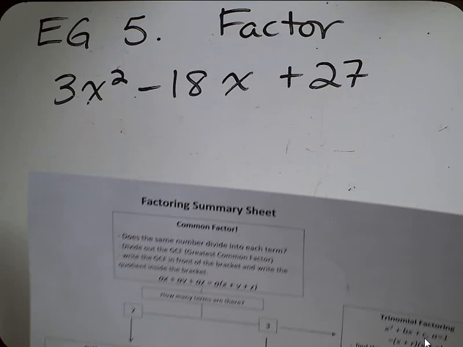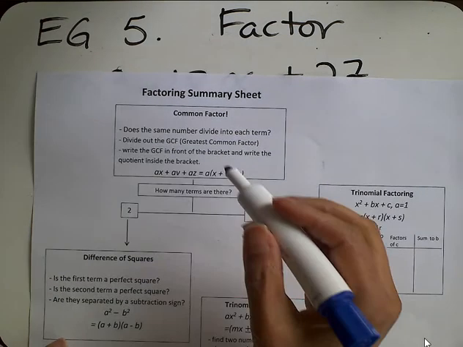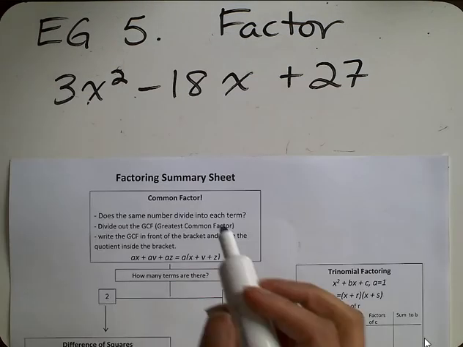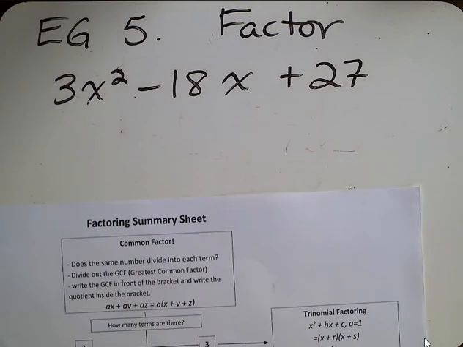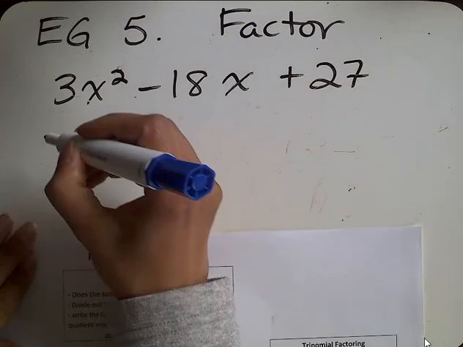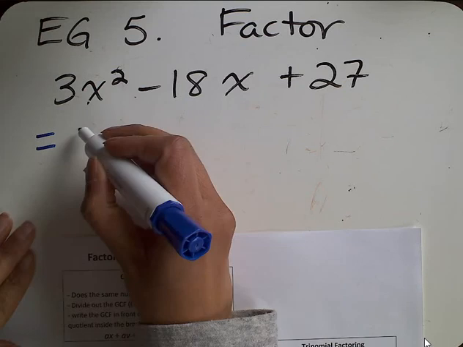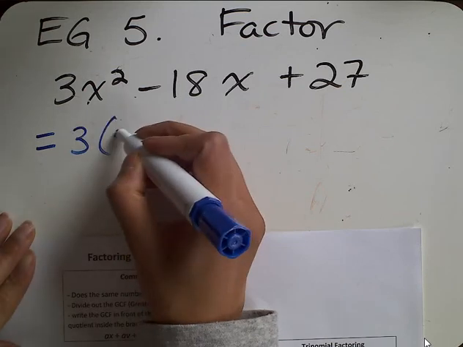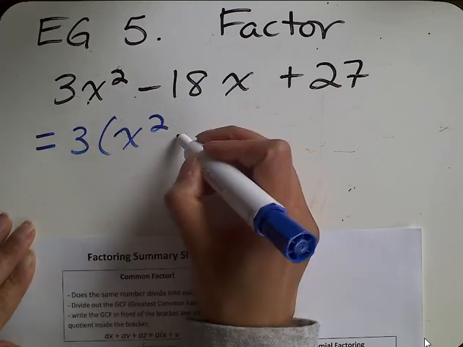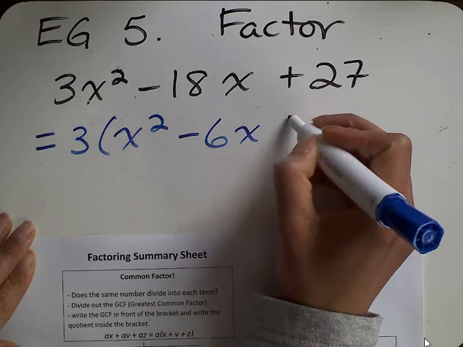So we start by common factoring. Can we common factor here? Does the same number divide into each of those terms? Absolutely. The number 3 goes into each of the terms. So we're going to factor out the 3, and we're left with x squared minus 6x plus 9.